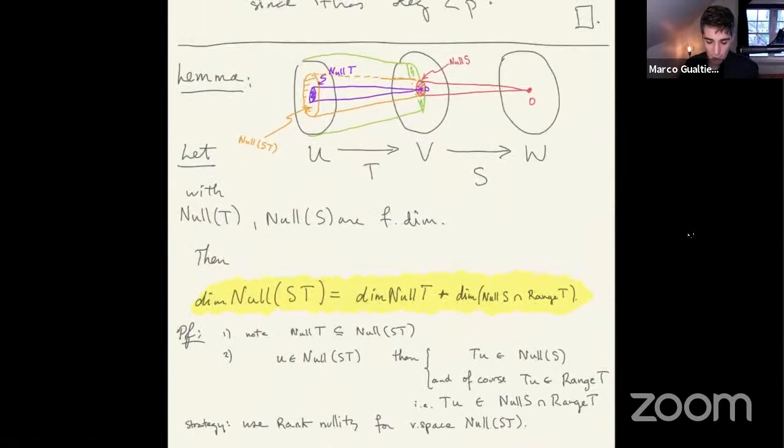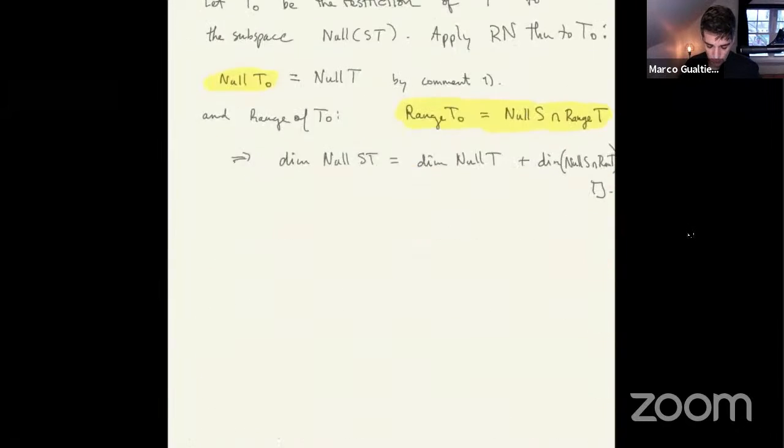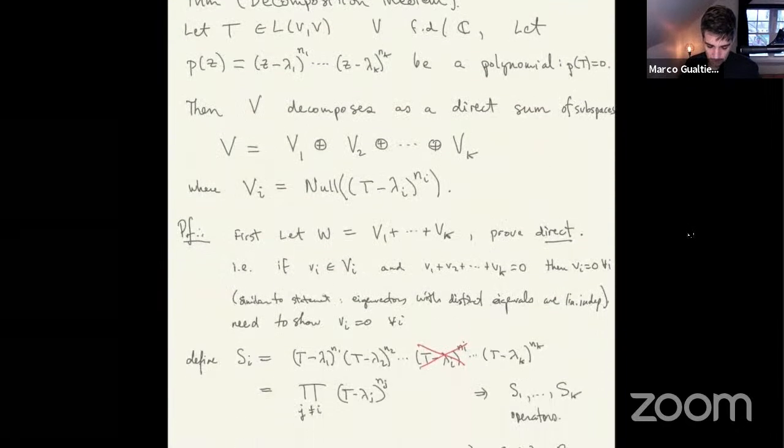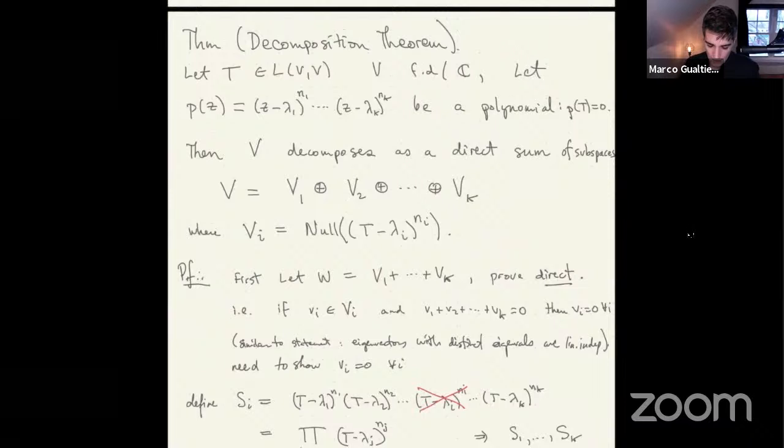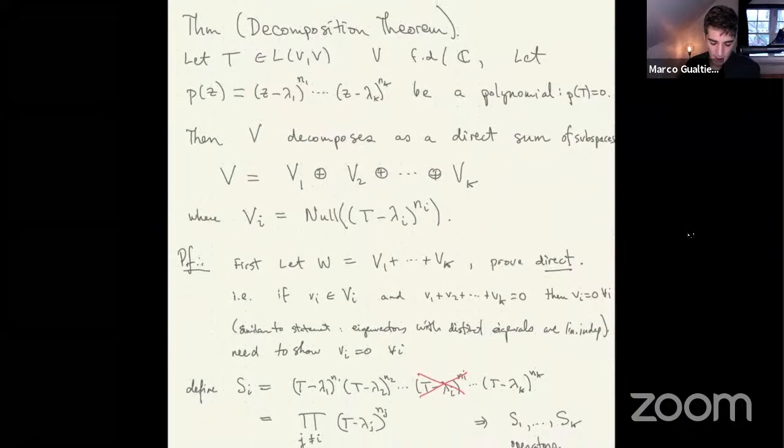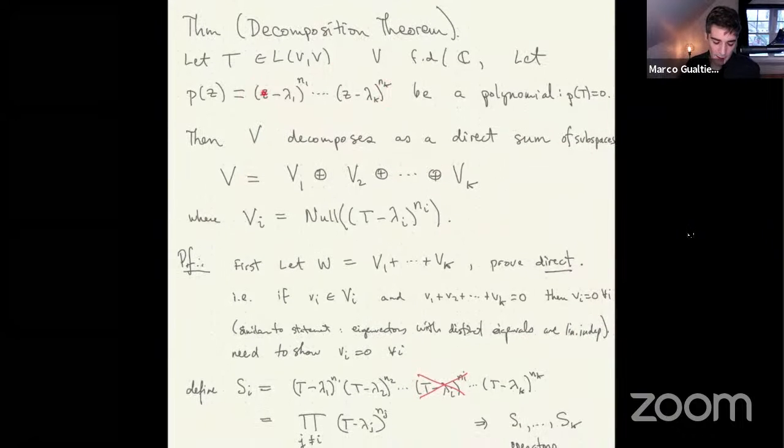Okay, but anyway, we have this minimal polynomial and we're going to use it. First I'm going to factor it because I'm working over the complex numbers. So I factor the minimal polynomial and I get linear factors raised to powers. When I plug in T for z, this polynomial in T will be 0. That's the idea, right?